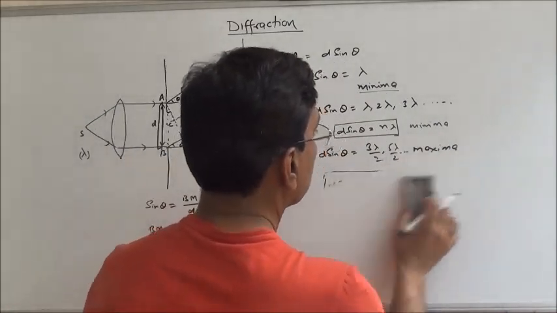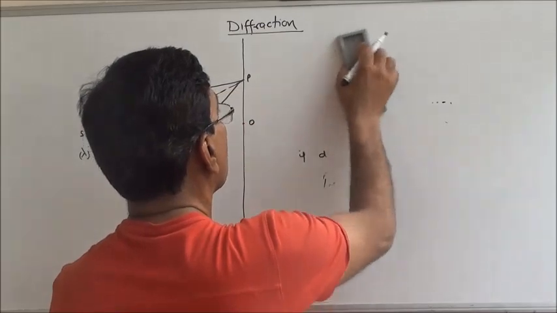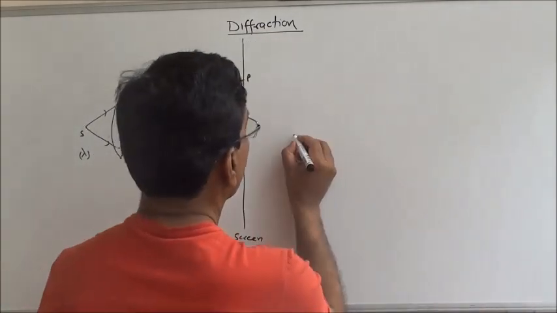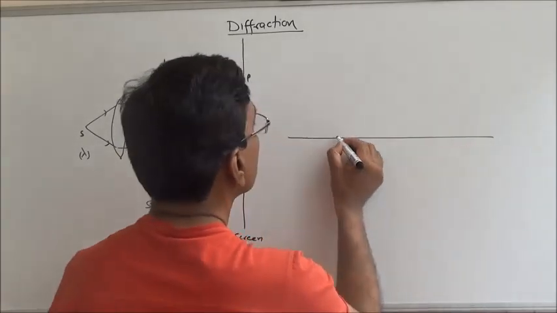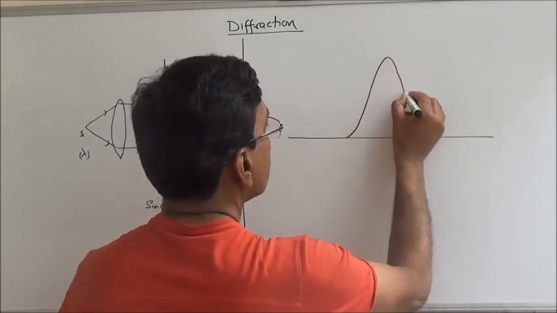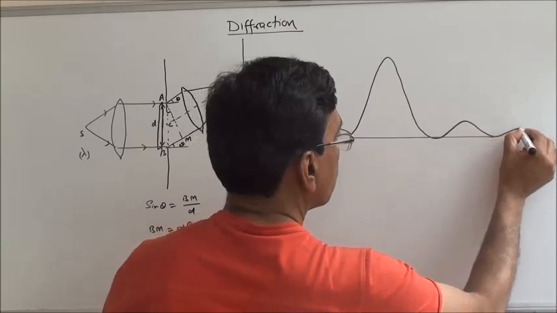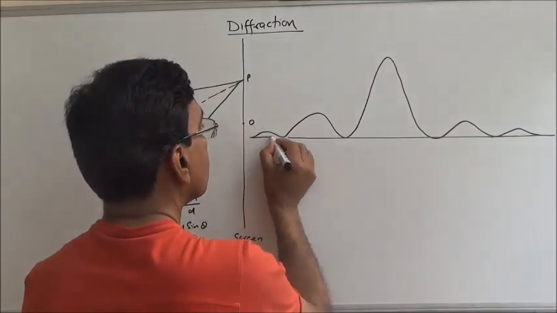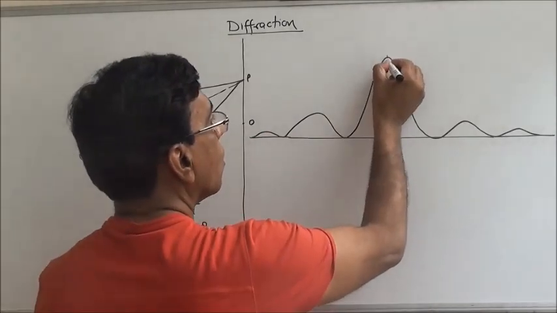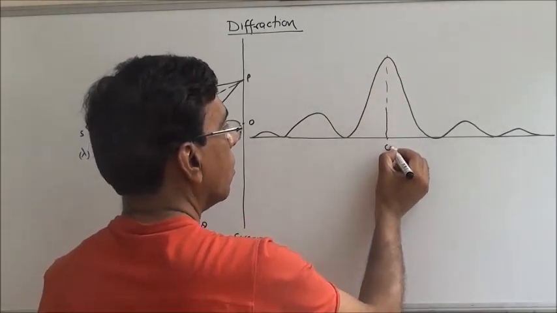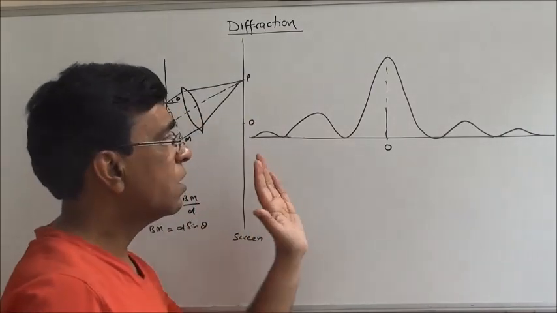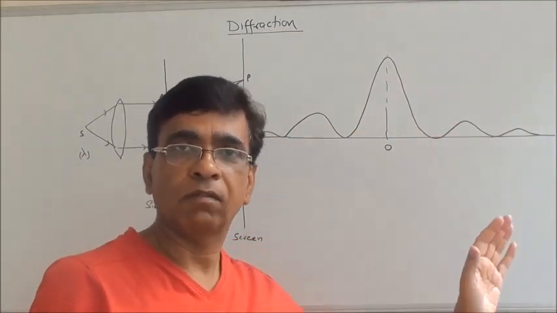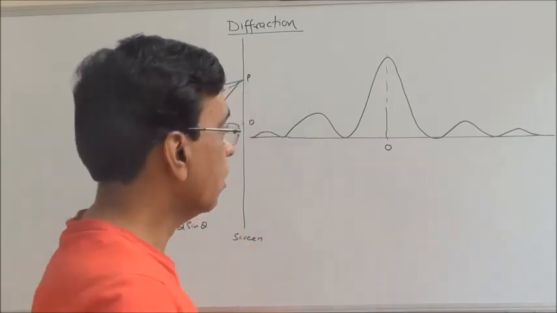So now we can plot the graph that I had drawn initially. And let us take, we can plot it versus path difference, we can plot it versus the angle of diffraction.